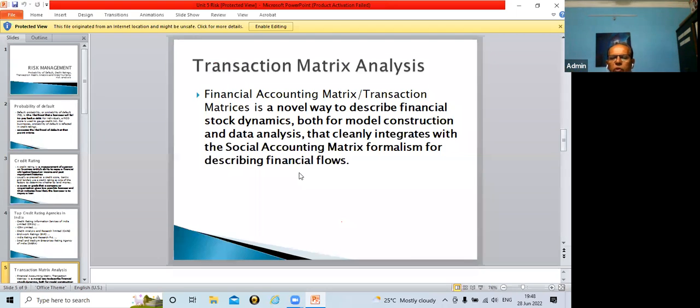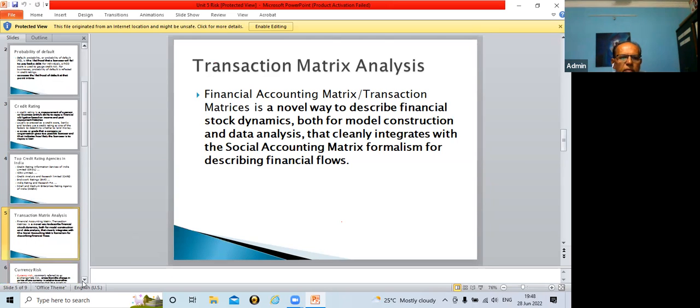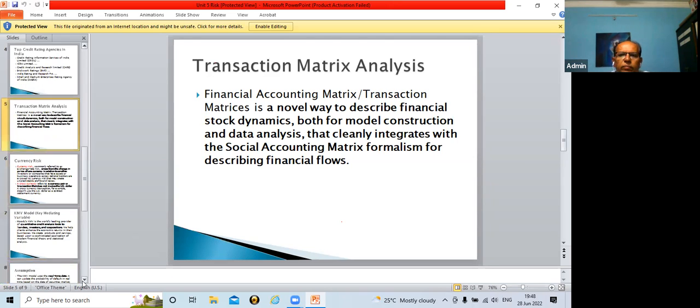And if the company is unable to pay your money, then the loss will be with the investor. So such a company should be avoided. So this is all about transaction matrix analysis.